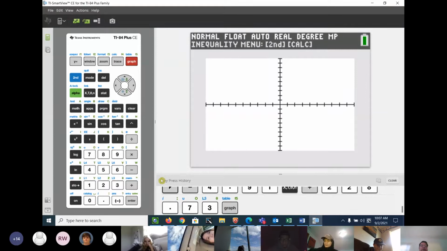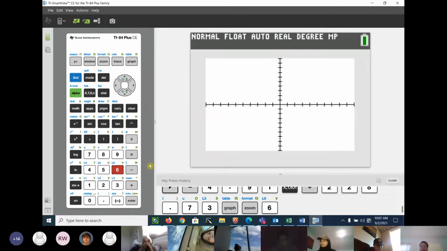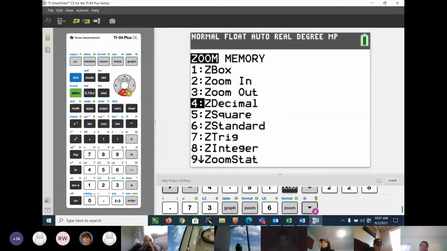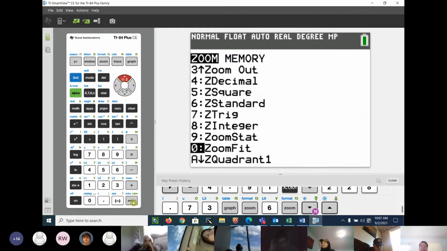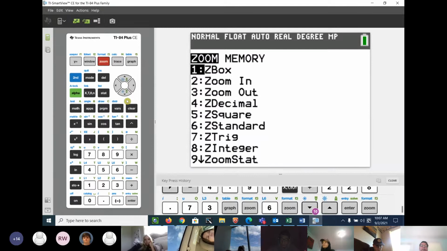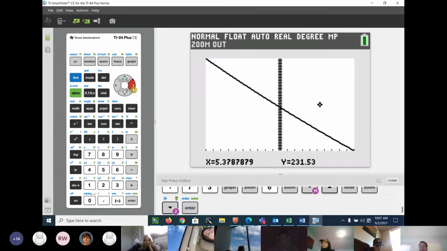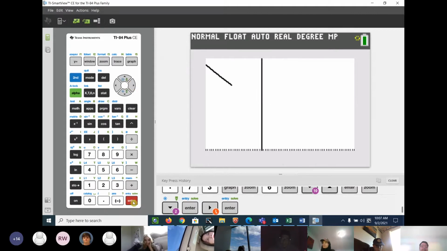No, you hit Zoom and try standard first. Zoom standard is 6. Still don't get anything. Try Zoom fit. Zoom fit is 0. Okay, we're starting to get something now. So I'm going to zoom out. And I'm going to put the center of the graph somewhere over here. Starting to get a little bit more.